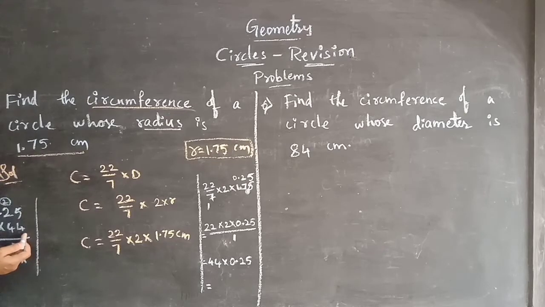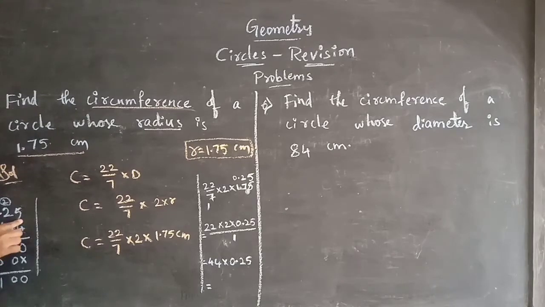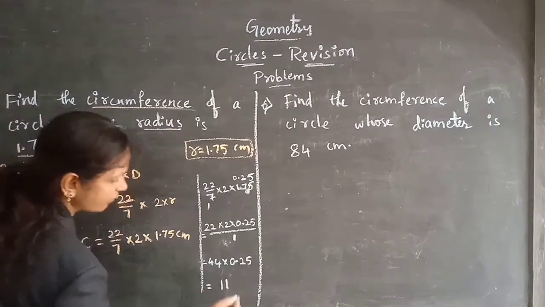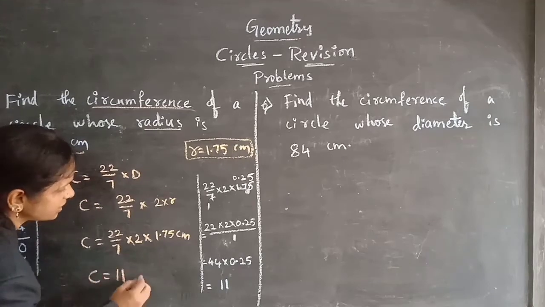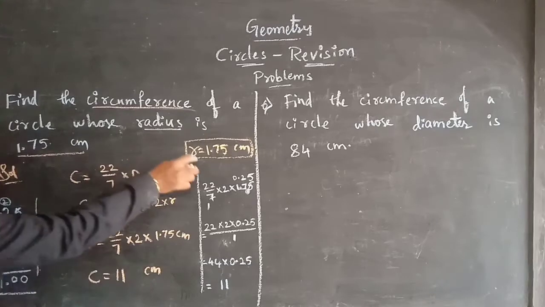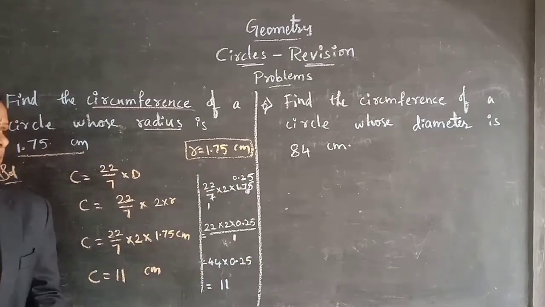Because in the ones digit we multiply by 4 and the tens digit is also 4, so you will get the same. But in the ones place we need to put the 0 here. 0, 0, 1 you will get. So 0, 0, 1 plus 0 is 1 and 1. And in the question we have 2 digits before the point, so the answer also has 2 digits before the point, nothing but 11. So the circumference will be 11 centimeters when the radius is 1.75 centimeters.